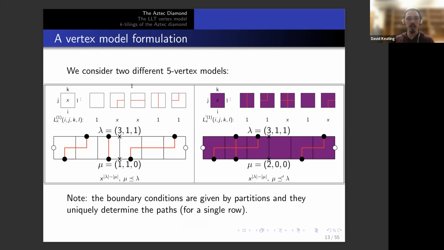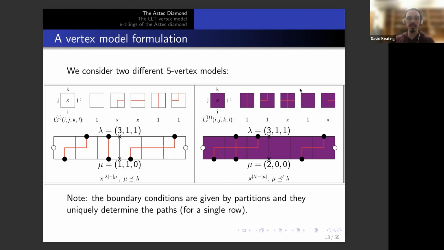Okay, so then we also have this white set of weights, the white faces. So this is not the gray faces that we'll need, but it's related. So these are another 5 vertex model, where now the weights are still an x when the path exits right. But for these weights, we allow a horizontal step where the path just goes straight along horizontal, but not across.